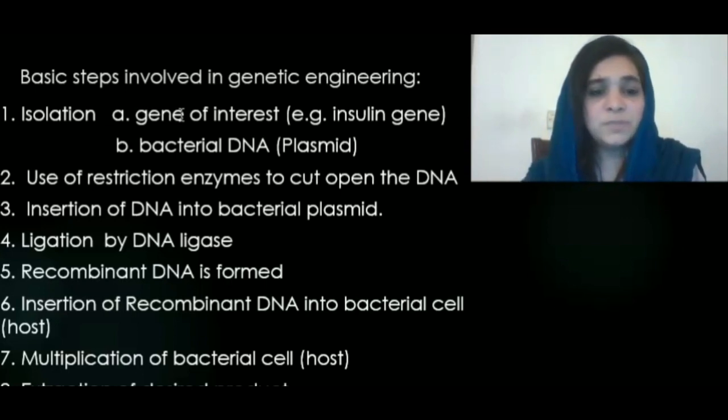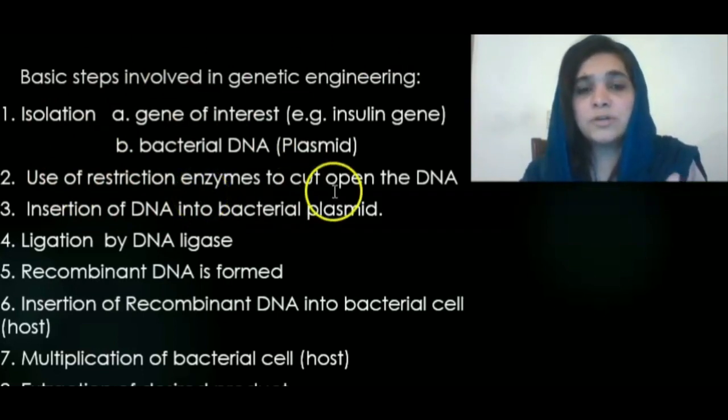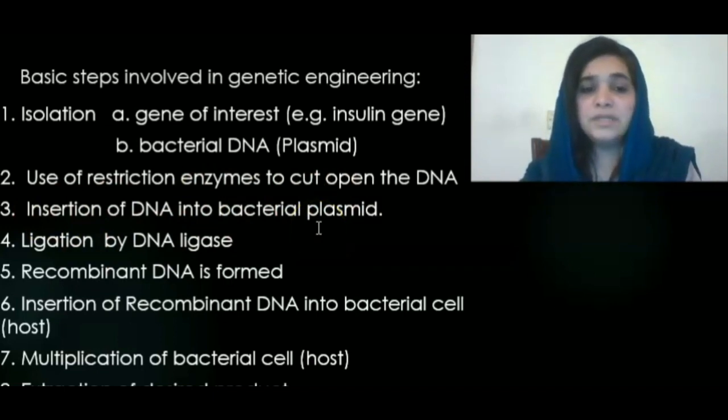I will explain all of these steps with the help of a diagram in the coming slide. So you have to cut the DNA with the help of enzymes known as restriction enzymes. What is the purpose of restriction enzymes? To cut open the DNA. Now once the DNA is cut open, you have to insert the DNA into the bacterial plasmid.